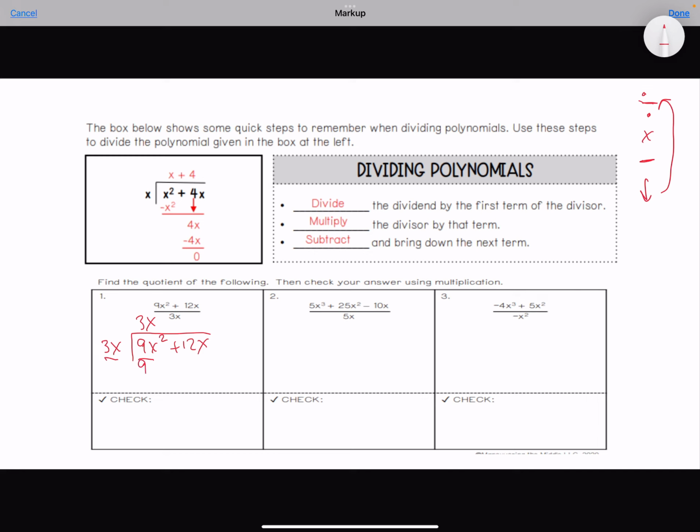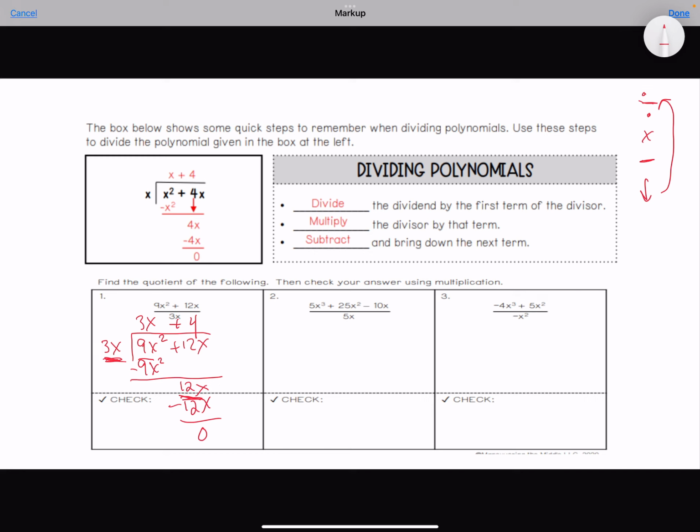I multiply. I subtract. I bring down. How many times can 3x go into 12x? 4 times. And I have a remainder of 0.